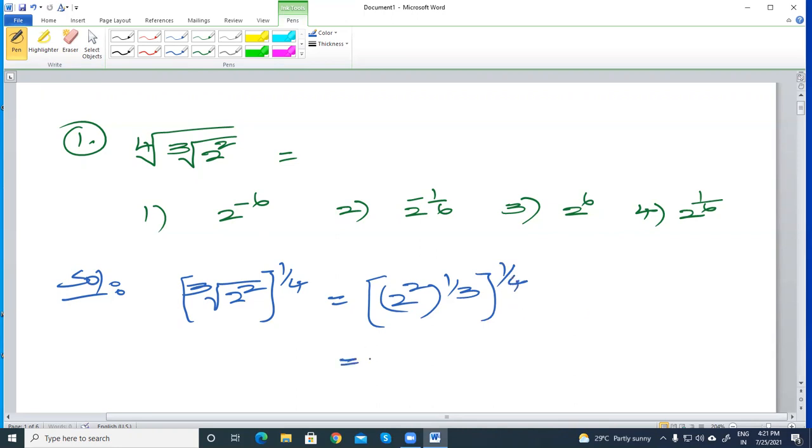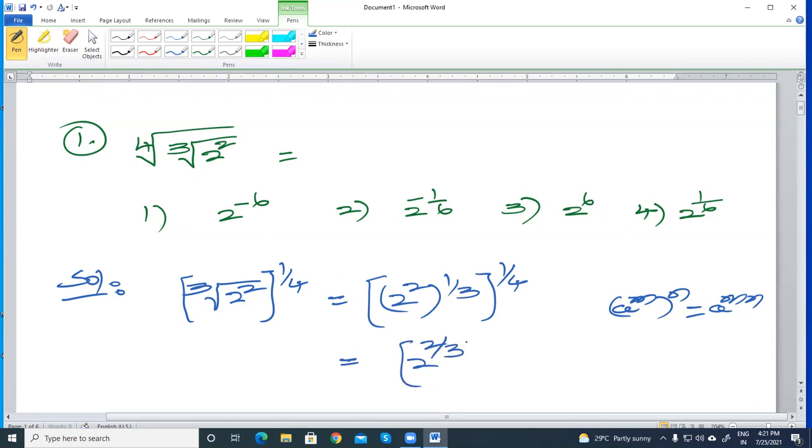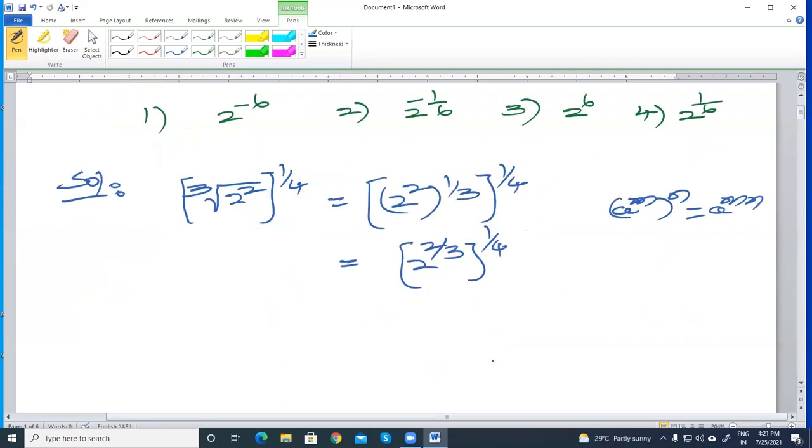So this is like a power m whole to the power of n, that is equal to a power mn. So now this is 2 power 2 by 3 whole to the power of 1 by 4. So this is equal to 2 to the power of, again same application, 2 power 2 by 3 into 1 by 4.